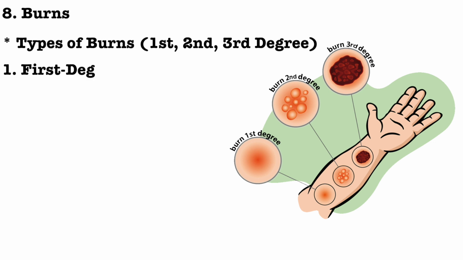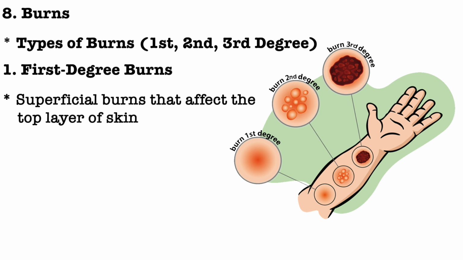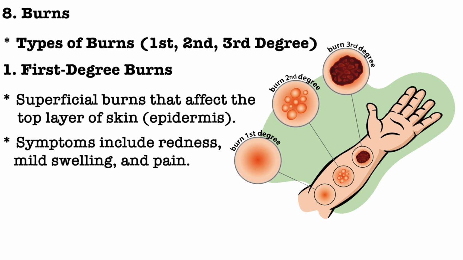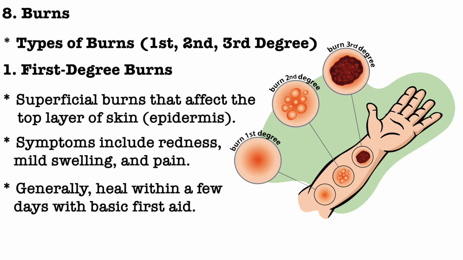Let us see what a first degree burn is. A first degree burn is a superficial burn that affects the top layer of skin, or epidermis. Symptoms include redness, mild swelling and pain. It generally heals within a few days with basic first aid. Let us see the first aid for a first degree burn.